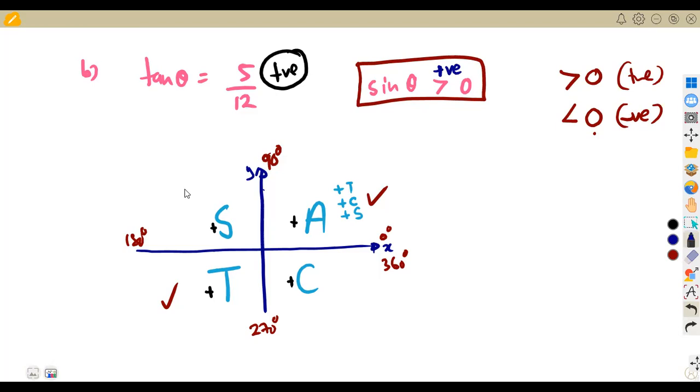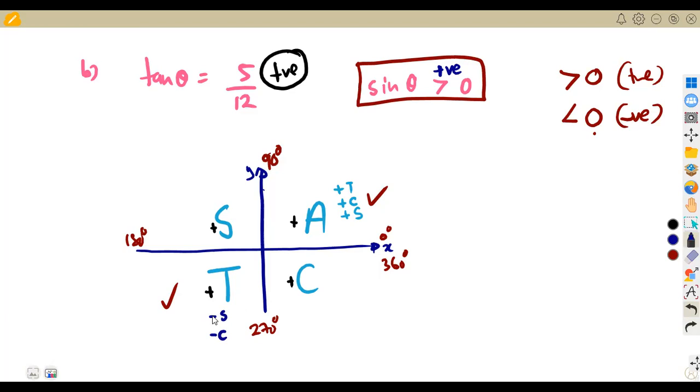Once you understand this, guys, you are done, because you now go back to your quadrants and conclude. We were having two quadrants in our mind, this quadrant or this one. But now we are very sure, because here sine is negative, it's only tan which is positive, and cos is negative.